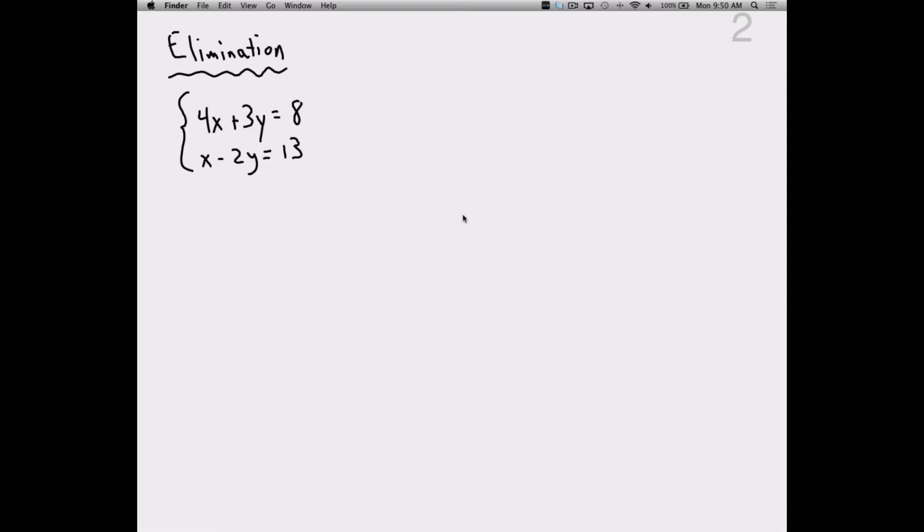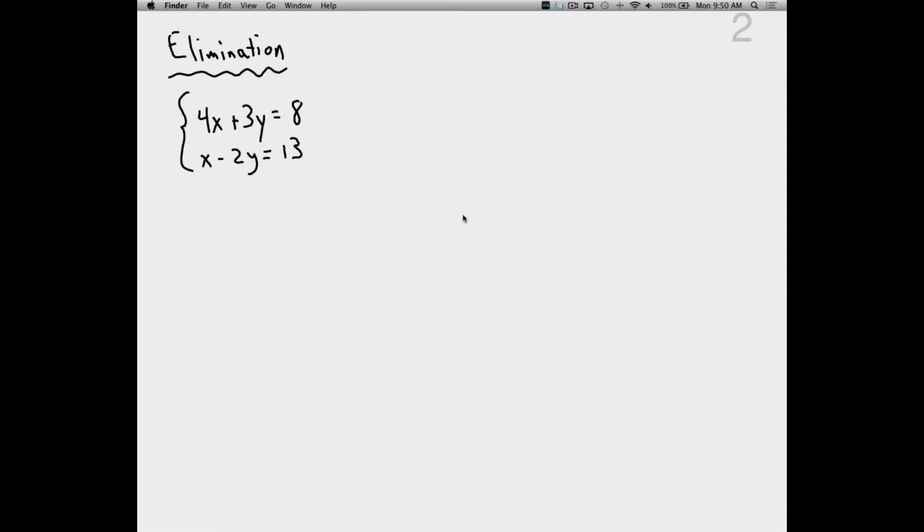If each of the variables had a coefficient other than 1, if you solve for one of those variables, you run into the possibility of getting some ugly fractions, and we'd like to avoid ugly fractions whenever possible. So I'm going to multiply one of those equations or both of those equations by some number so that when I add the two equations together, something gets eliminated. Because it's the elimination method.